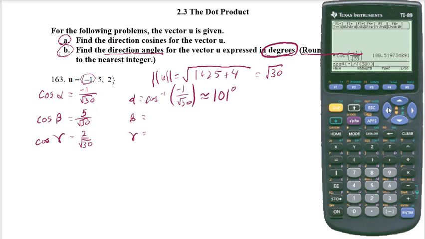Here I'll just scroll in my input bar, erase the negative 1, change it to a 5, and use the green equals again. And that's approximately a 24. We'll change the 5 to a 2 and use the green equals again. 69.